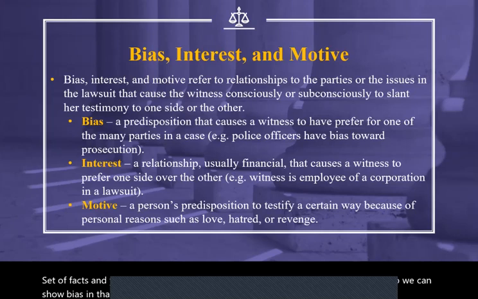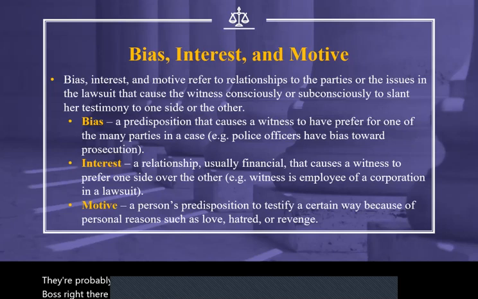Interest. So this is usually a relationship, primarily financial, that causes a witness to prefer one side over another. For example, a witness is an employee of a corporation in a lawsuit. They're probably going to prefer their boss, right, their corporation, because they want to maintain a long-standing interest.